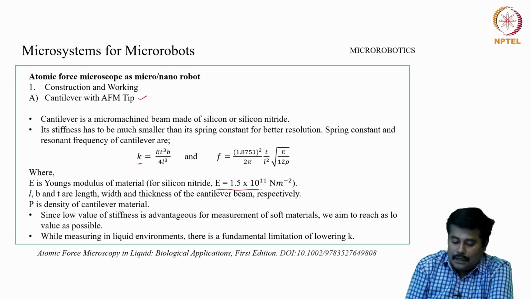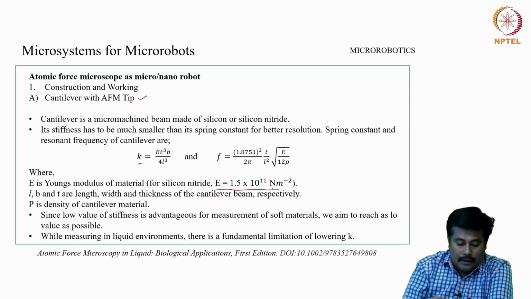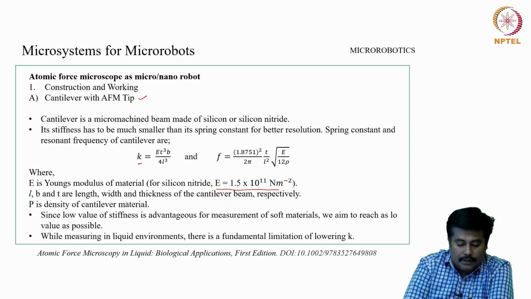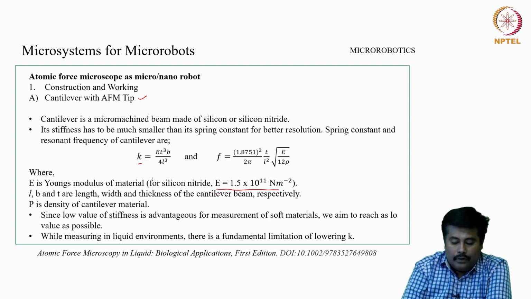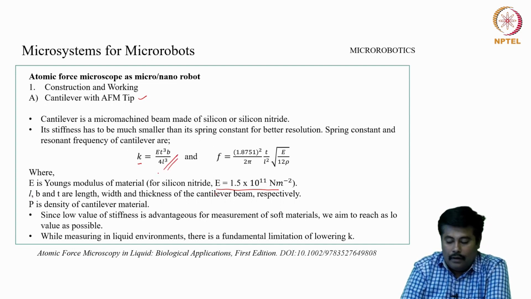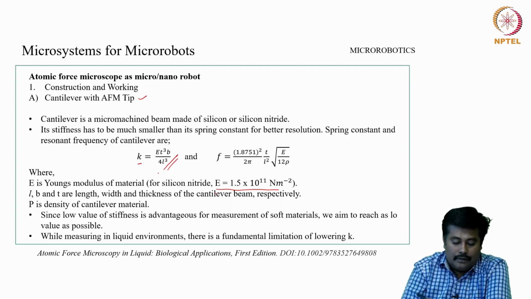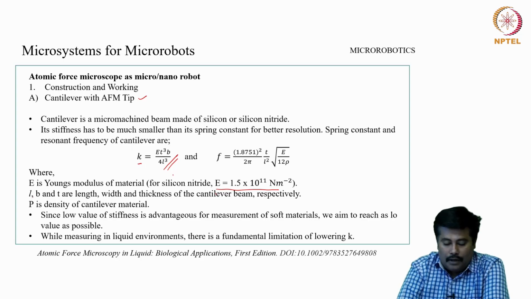The value for silicon nitride is 1.5 × 10^11 Newton per meter square, and it also depends upon the length, width and thickness of the cantilever beam respectively. The overall equation for estimating the spring constant and the resonant frequency is K = E T³ B / 4 L³.